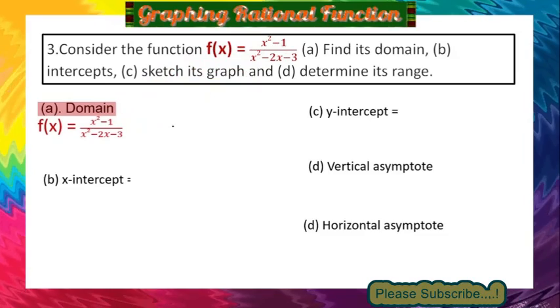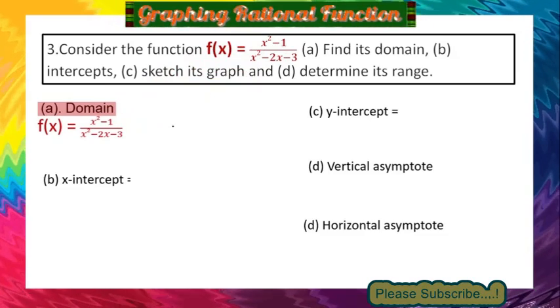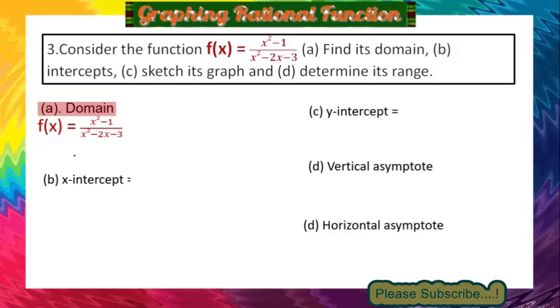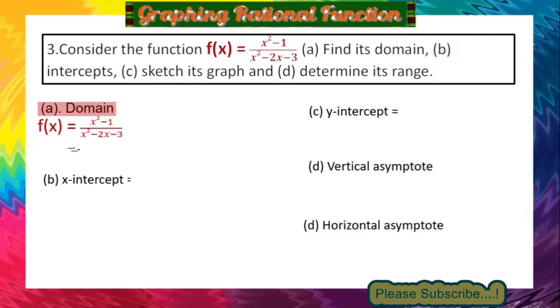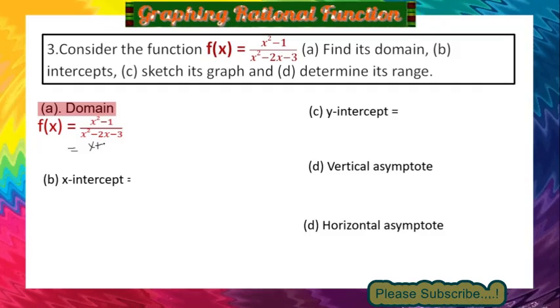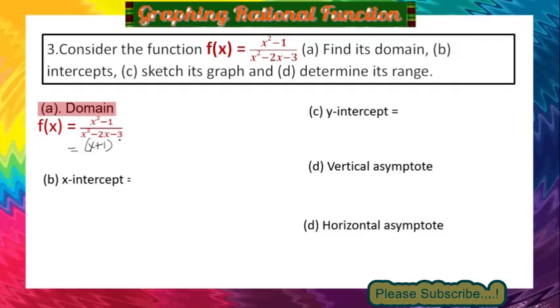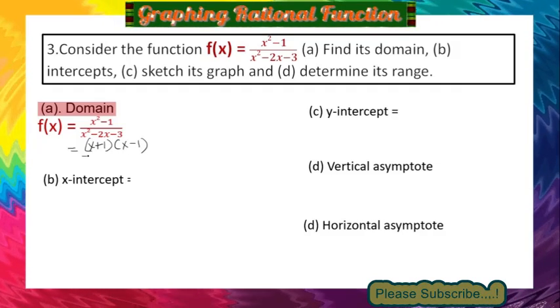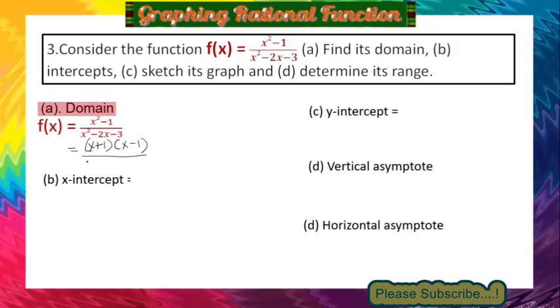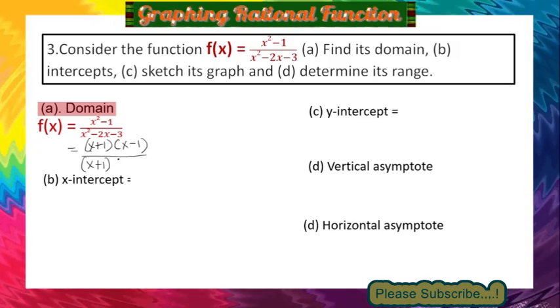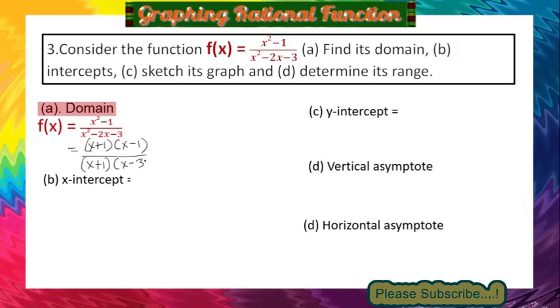Since this is factorable, then we have to factor it, no? The numerator and denominator. So the factor of our numerator is x plus 1 times x minus 1. For the denominator, that is x plus 1, then x minus 3.